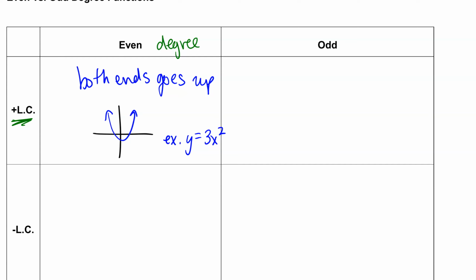Okay, so it looks like this, maybe something like y equals negative 3x squared. Both ends go down.